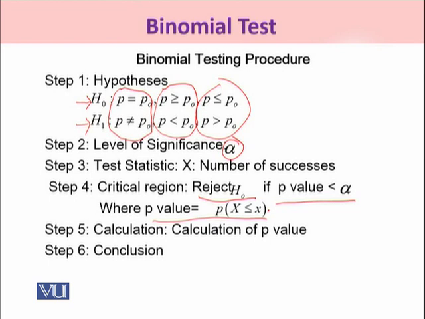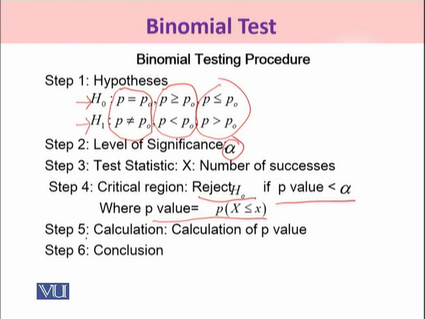Students, nowadays whenever you follow computer software for testing hypotheses, which we will do later, the computer gives you two values. One is the critical value, which is to be compared with the tabulated value, and the other is known as the p-value, on the basis of which we can reject or accept the null hypothesis.